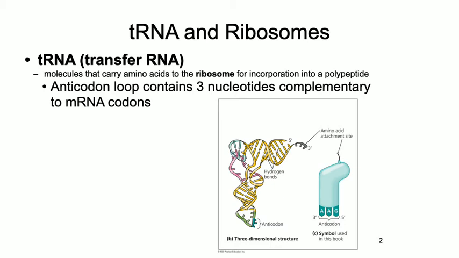So the whole function of tRNAs is they carry amino acids, and their anticodon loop contains a 3 nucleotide section that is complementary to mRNA. Okay, I will show you how that all comes together in just a minute.